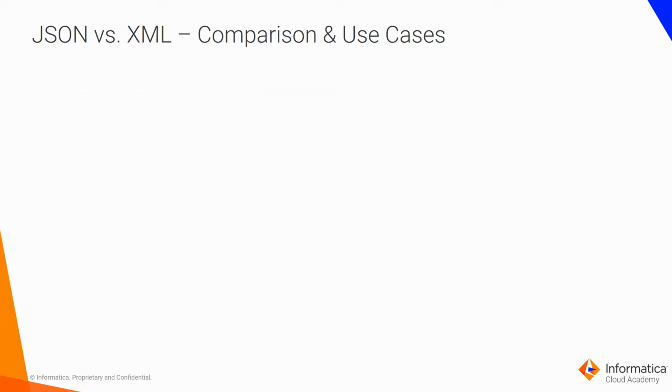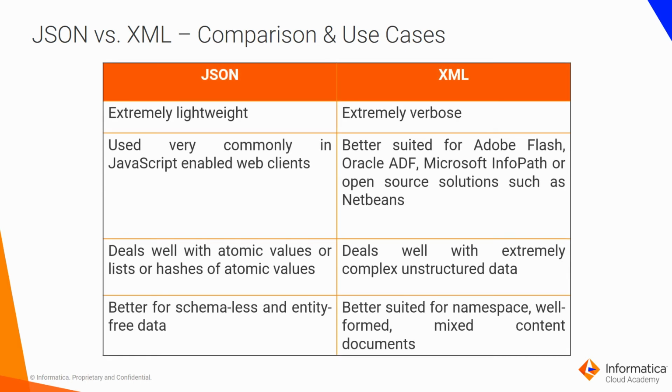Now that we have discussed the RESTful web service where the response is returned in XML, let us try to understand the basic difference between response returned in XML format versus response returned in JSON format. JSON is extremely lightweight. XML, on the contrary, is extremely verbose. It is used commonly in JavaScript-enabled web clients, while XML is better suited for Adobe Flash, Oracle ADF, Microsoft InfoPath, or open-source solutions such as NetBeans.